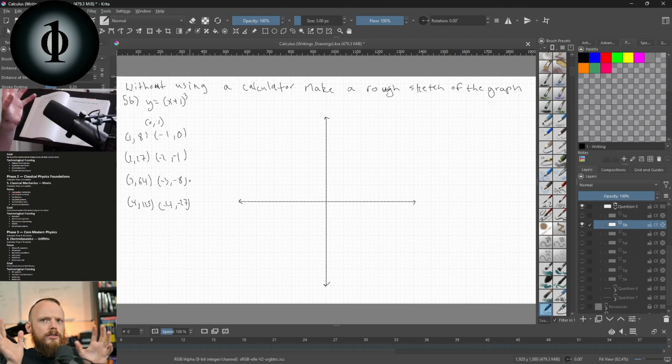Yeah, so it's going to compress in different ways on the cubed.